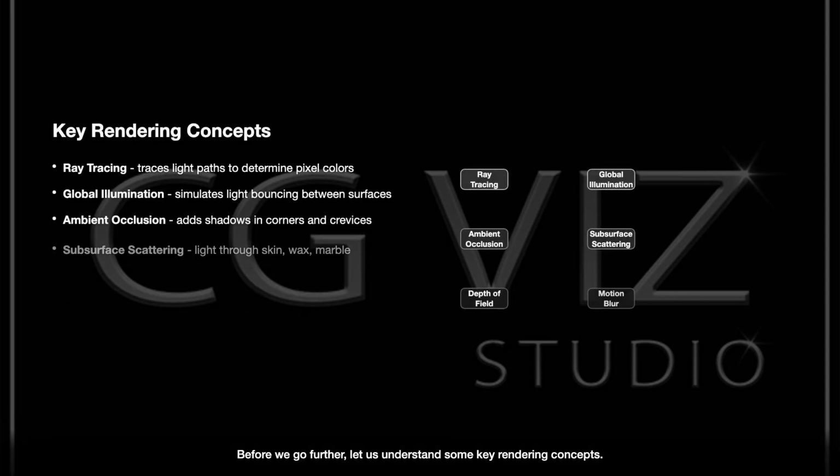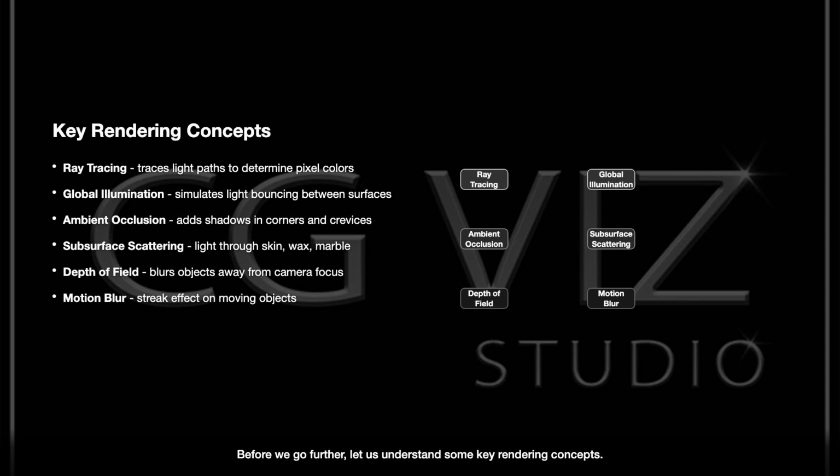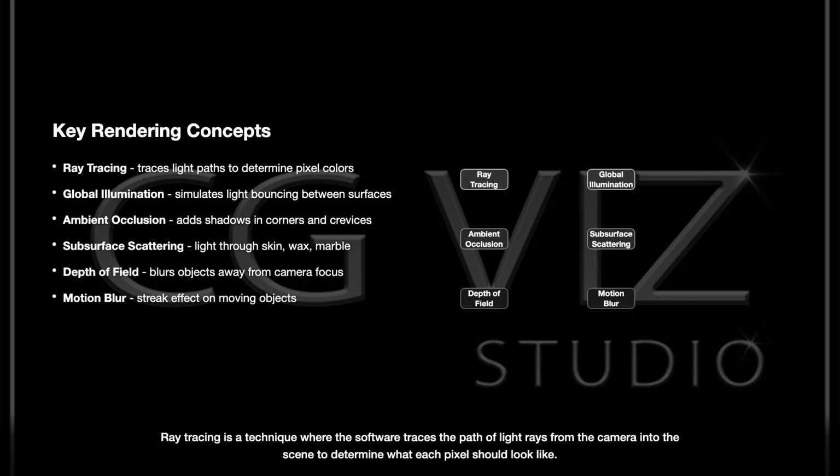Before we go further, let us understand some key rendering concepts. Ray tracing is a technique where the software traces the path of light rays from the camera into the scene to determine what each pixel should look like. Global illumination simulates how light bounces between surfaces, creating soft, natural lighting with color bleeding between objects. Ambient occlusion adds subtle shadows in corners and crevices where objects meet, adding depth and realism.